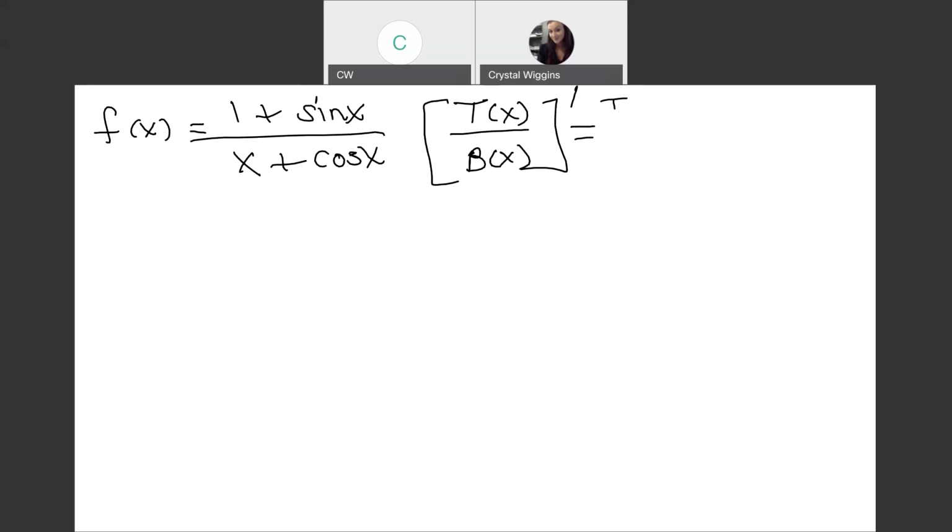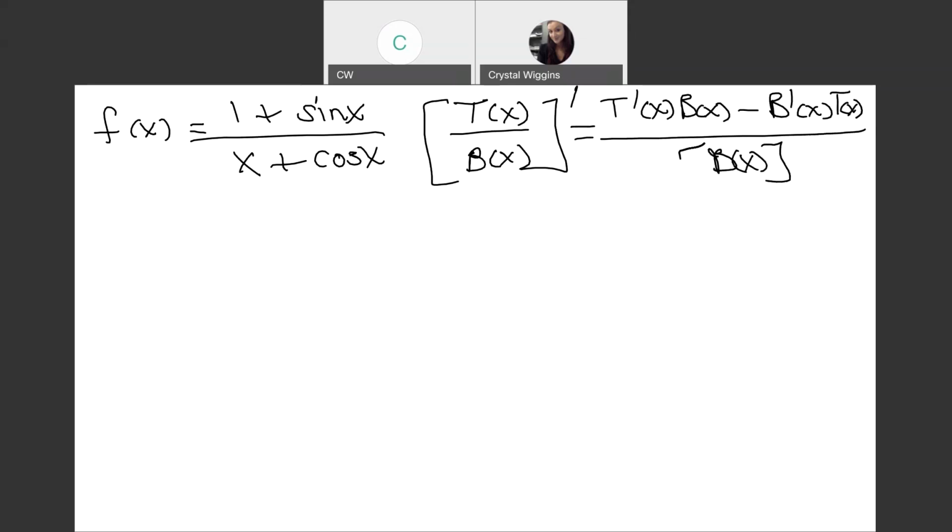So we have the derivative of the top times the bottom minus the derivative of the bottom times the top all over the bottom squared. Because there's a subtraction in the numerator, remember that the derivative of the top needs to come first. So again, I'm going to split this up.